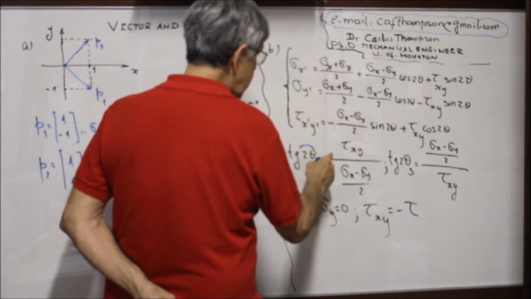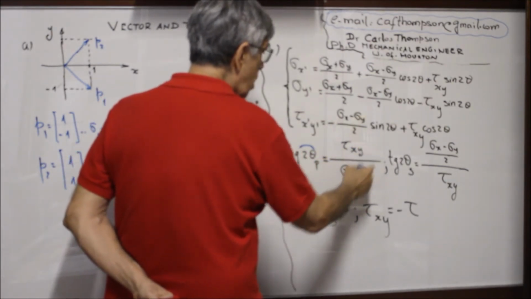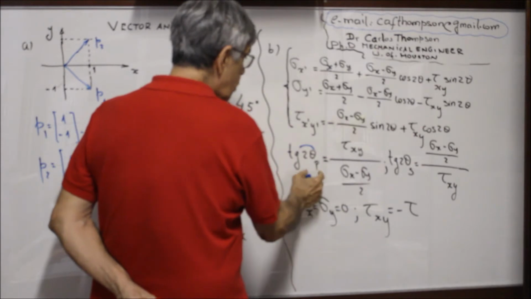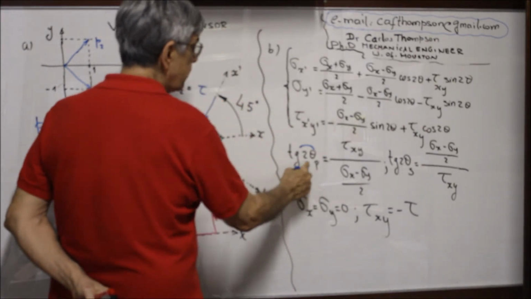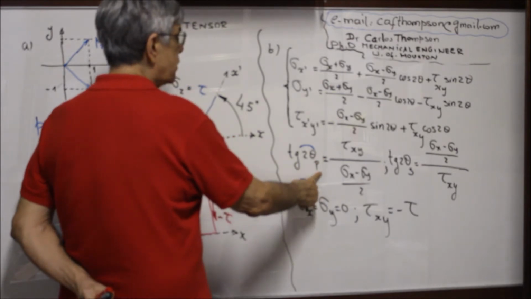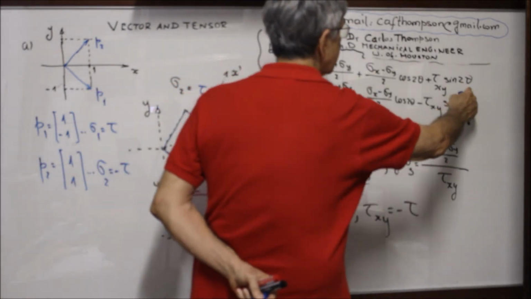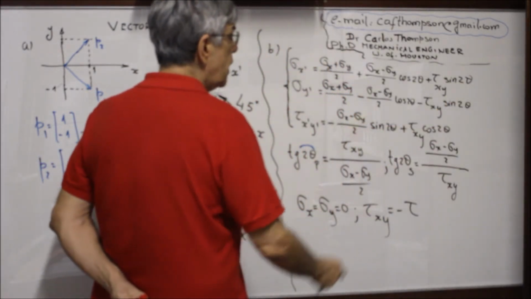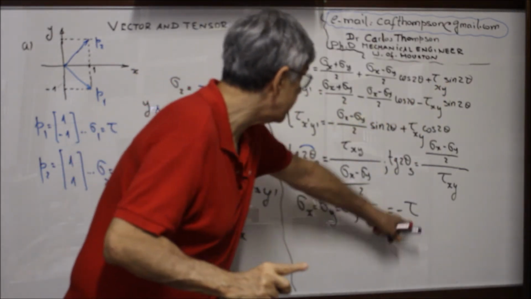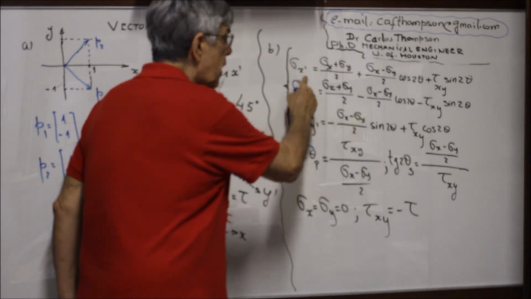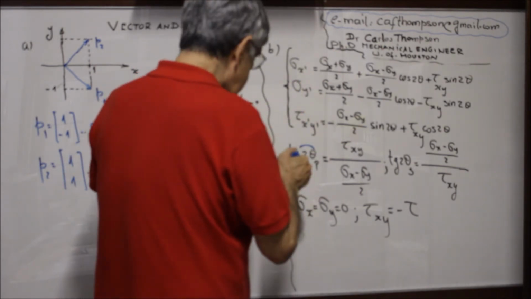Why? Because tau xy is minus tau divided by 0. So this angle over here must be 90 degrees. So 2 theta p is 90 degrees. So this is sine of 90 degrees, which is 1. And tau xy is equal to minus tau, you see? So sigma x prime is equal to minus tau.